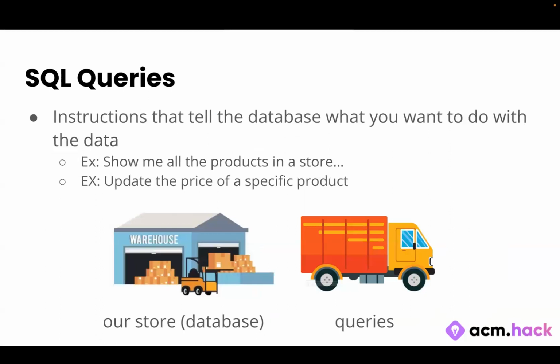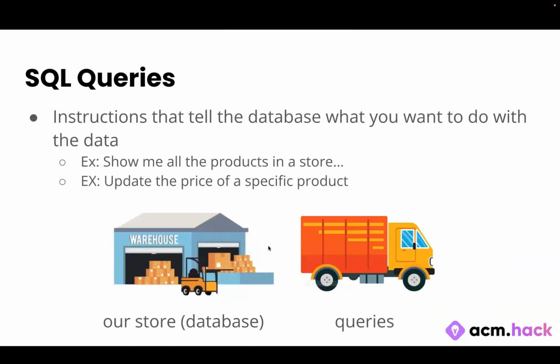Okay, so now that we know how our data is going to be organized, we can use something called a query. In SQL, a query is basically a set of instructions that tell the database what we want to do with the data. So suppose we have a warehouse or a container stored with all of our data.